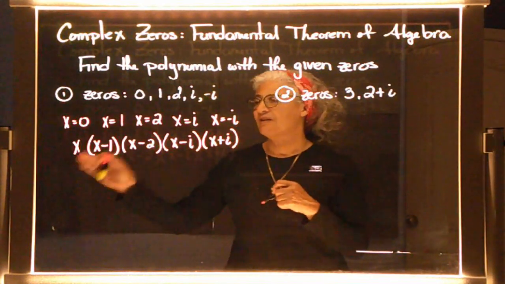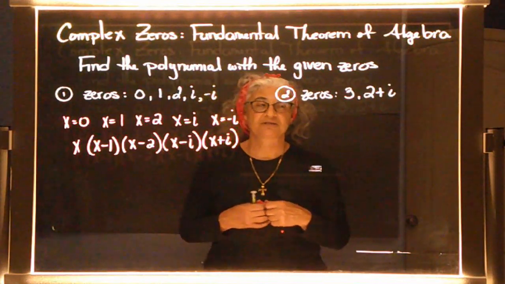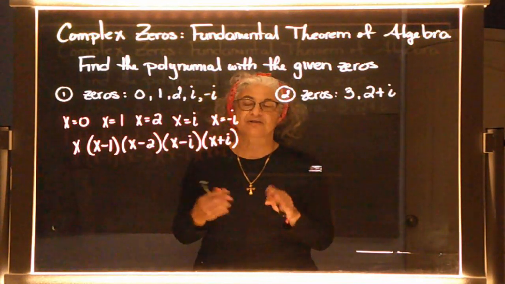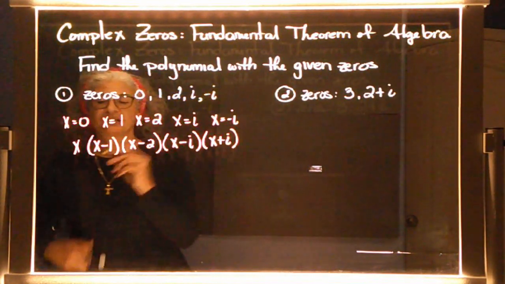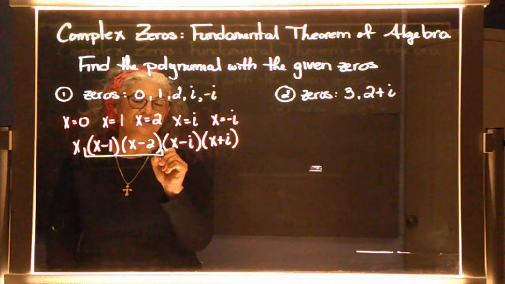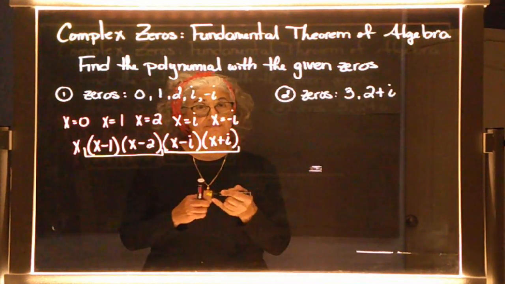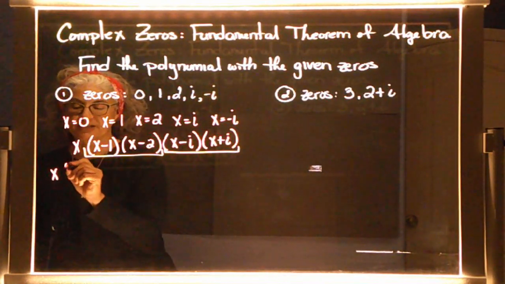5 zeros, 5 factors. And now we get to multiply them all together. So, some of you are like, oh my gosh, I don't want to do this. Hang in there. We got to work smart, not hard. So here's my recommendation. I personally am going to multiply these 2 factors together, and I'm going to multiply these 2 factors together. Okay? My little x is going to hang out there waiting for me to recognize it.